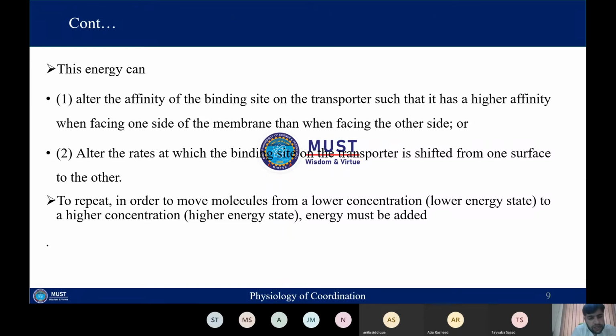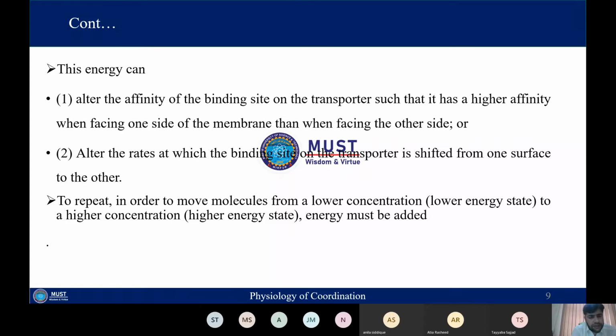And when these transporter proteins are in closed configuration, it means they have very low affinity for binding with the solute particles. So the rate or speed is also altered by this energy. When the energy is provided, the availability of the binding sites will be increased as a result of the input of energy.